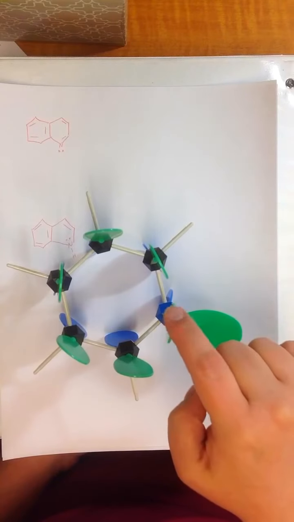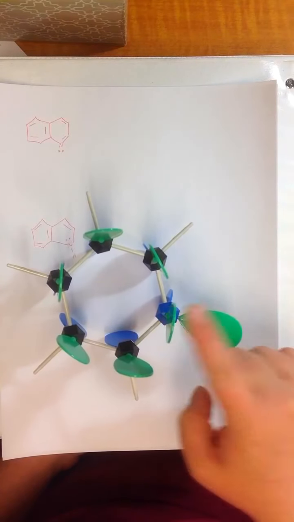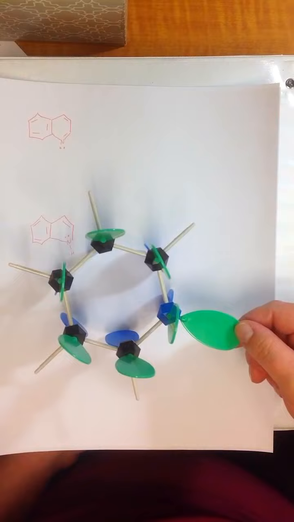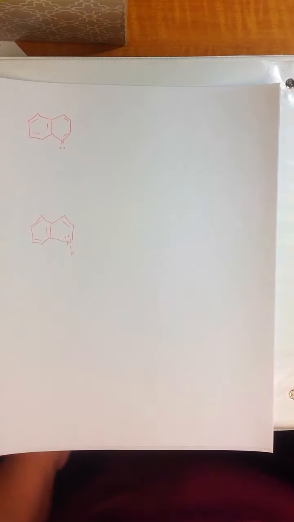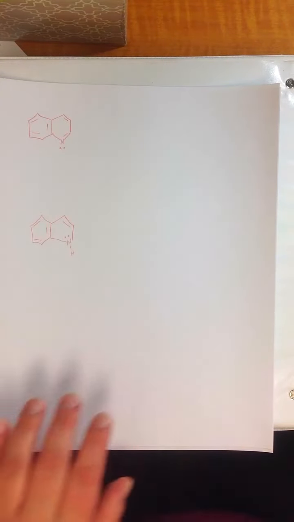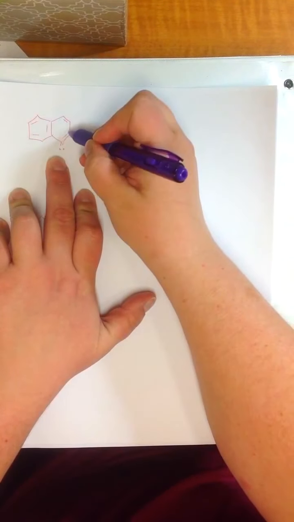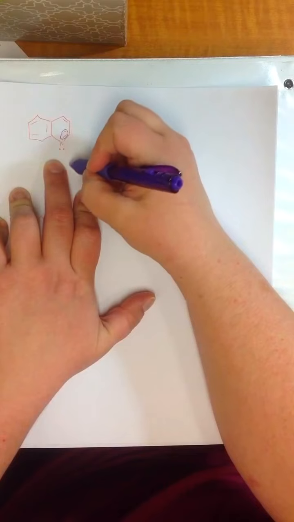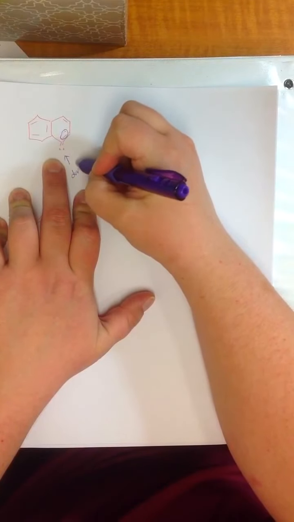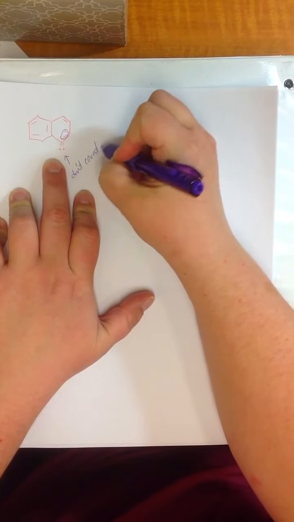Therefore, these are the electrons that count. And these electrons we don't count when we're talking about Huckel's rule, or we're talking about electron pairs. So these still exist, but this is the one we count, and we don't count this one.